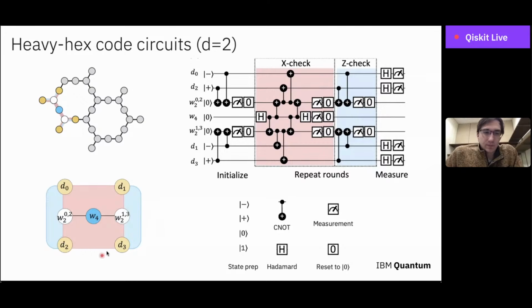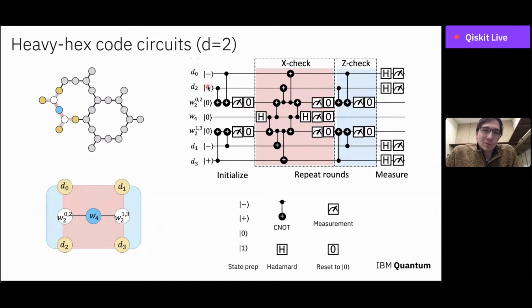Right, so this is the code, and you can see it laid out here explicitly on the heavy hex lattice. And here's the circuit that we use for error correction. And I think this is also what Nick Bronn does in his tutorial. Or actually, maybe he prepares it differently, but this is what we do in our experiments for our paper.